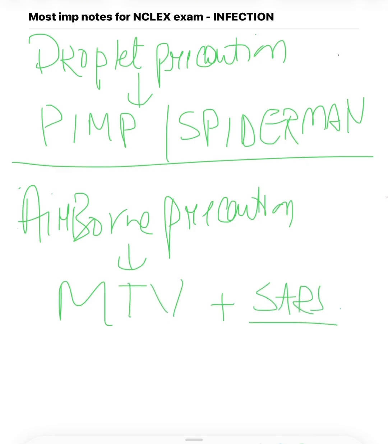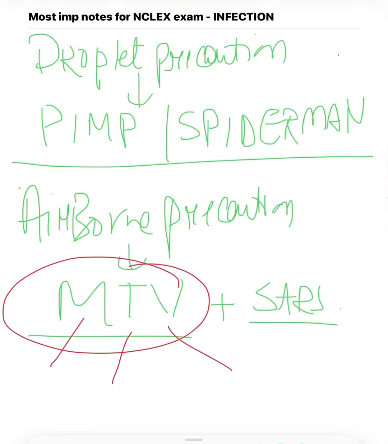Most important is MTV: measles, TB, varicella. In droplet: P for pneumonia, I for influenza, M for meningitis, P for pertussis, S for scarlet fever, D for diphtheria, E for epiglottitis, R for rubella and rhinovirus, M for mumps and meningitis. Meningitis's most important bacteria is Neisseria meningitis, and AN stands for adenovirus. Got it?